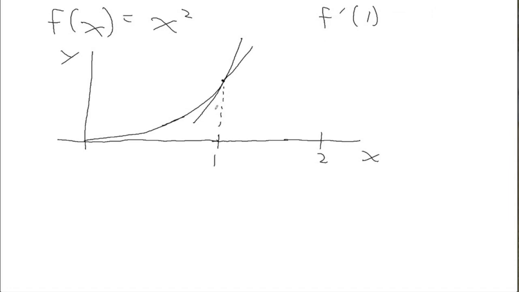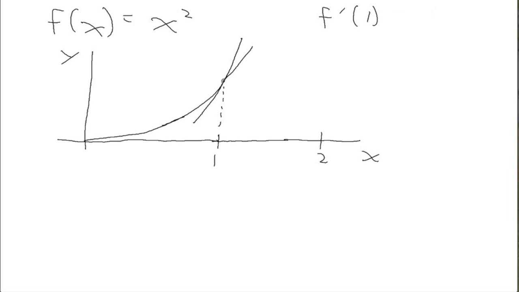Now, there's a problem. What's the definition of a tangent line? It's really hard to define what a tangent line is, or what the slope is here. So do you remember how we solved this problem? How did we define the slope of a tangent line?